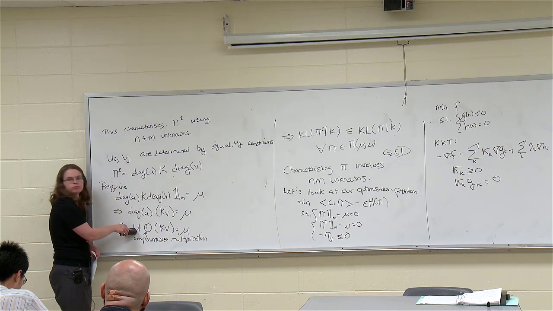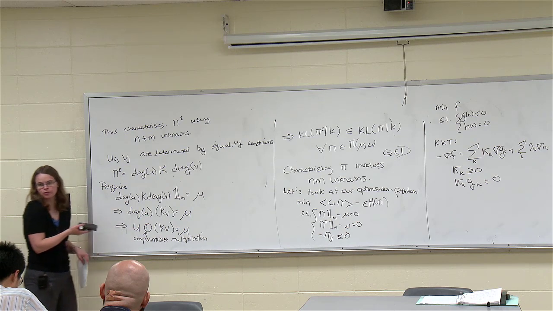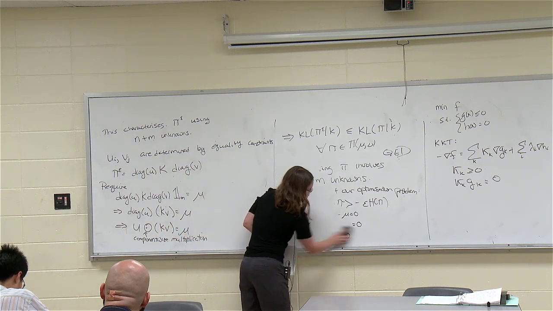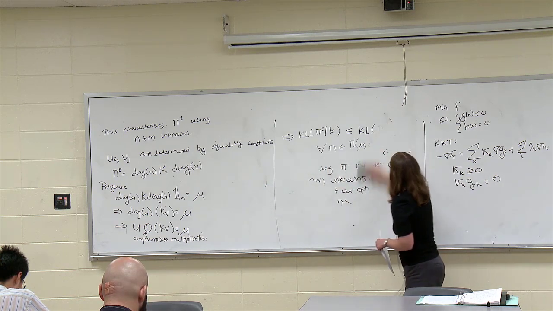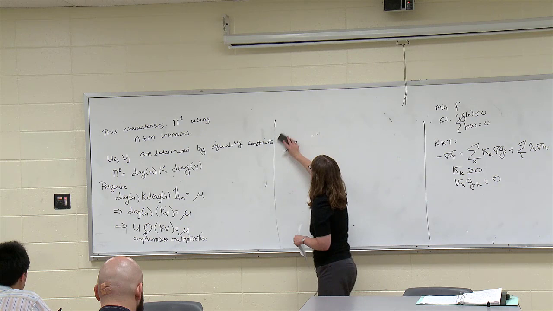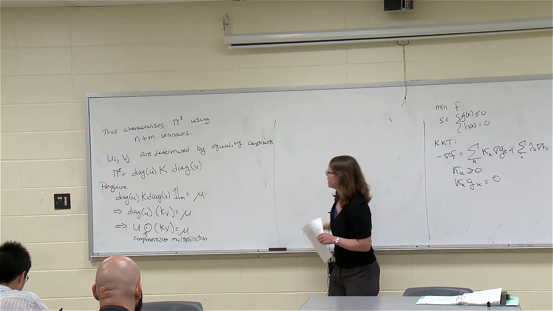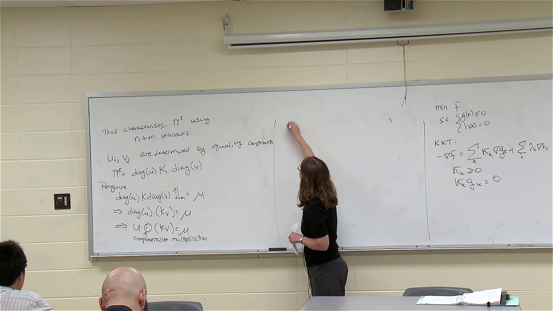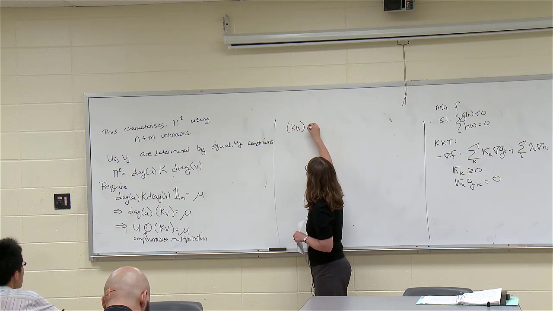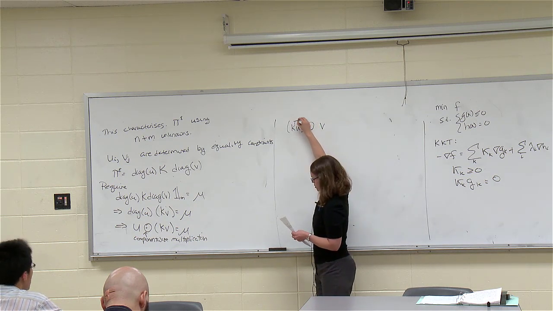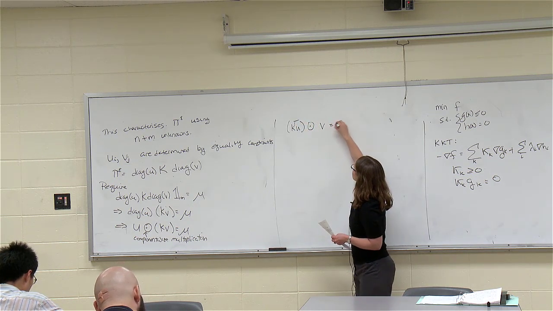And it'll give me the one element of U. Okay, and similarly, my other constraint is going to turn into K transpose U component-wise multiplied by V is equal to nu.